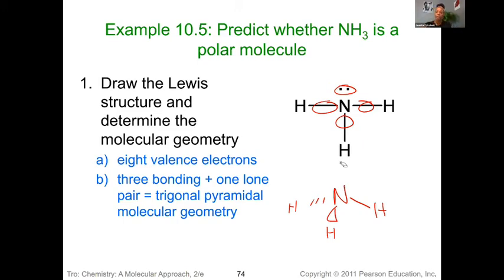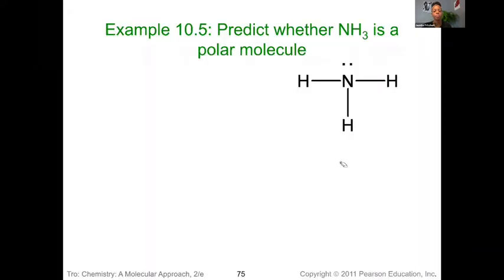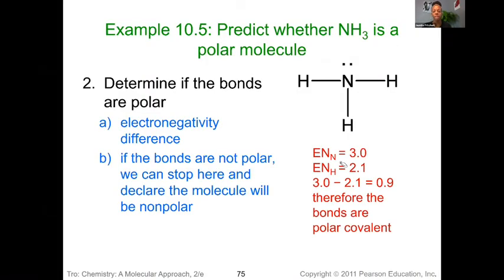We do have a lone pair, we do have polar bonds present, that pull happening towards nitrogen, but nothing counterbalancing it at the top. And so if that's the case, then we would say that this indeed should be a polar molecule. Okay. And so again, this is just showing you can do a calculation if you know the electronegativities, but the general rule of thumb, if you have 2 different atoms, more than likely it is a polar bond.